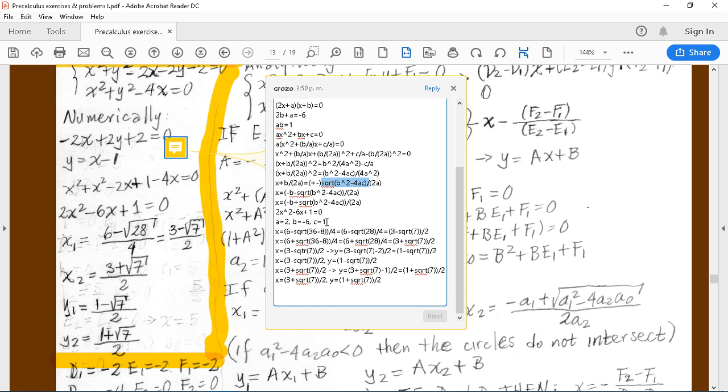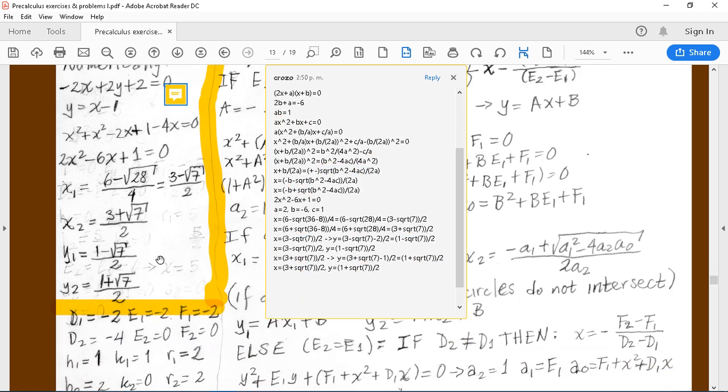Replacing those three coefficients with their respective values, we have that x1 should be 6 minus square root of 28 over 4, which is 3 minus square root of 7 over 2, and our second solution for x, which is x2, should be 3 plus square root of 7 over 2.